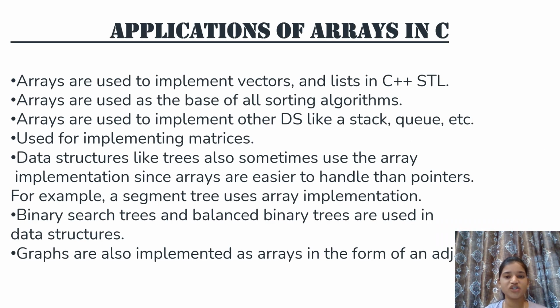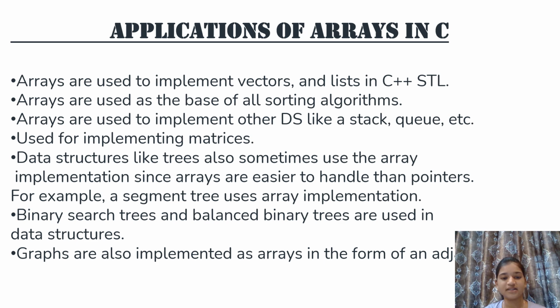Here are a few applications of arrays in C. These are used to implement vectors and lists in C++. Arrays are used as the base of all sorting algorithms. They are used to implement other data structures like stacks, queues, etc. Used for implementing matrices.